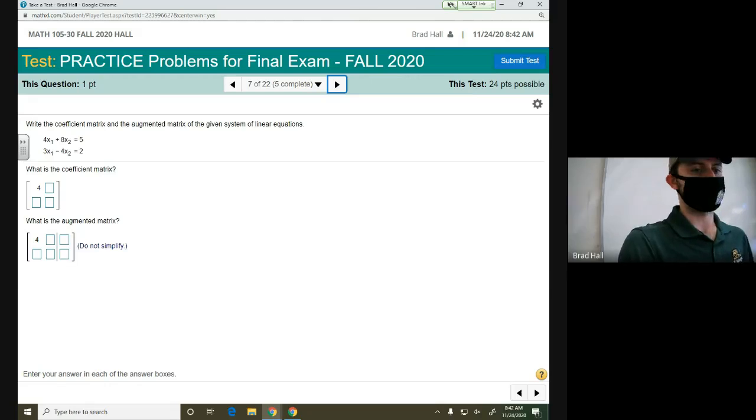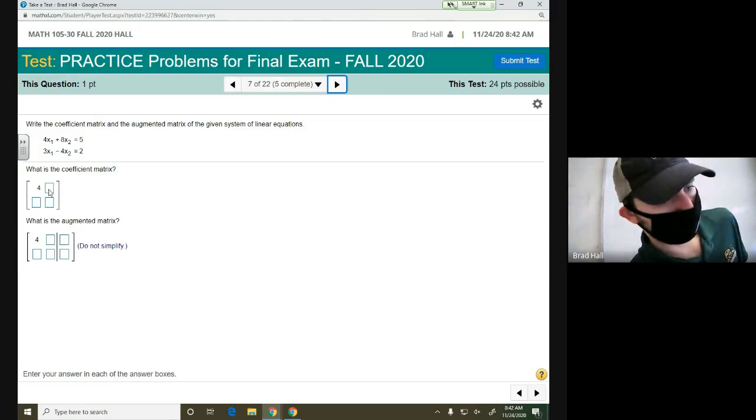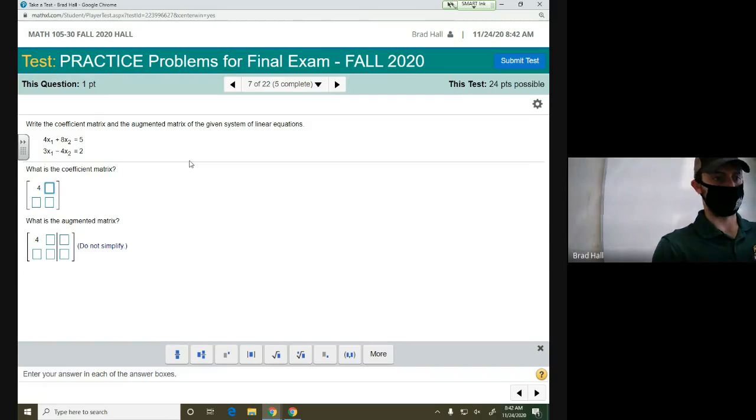Right, the coefficient matrix and the augmented matrix. So hopefully you can all do this one pretty quickly. They just want you to take the coefficient matrix, and all coefficient means is the number in front of a variable. So list all the numbers in front of variables.